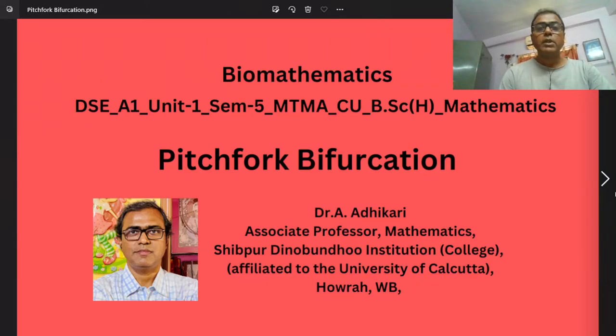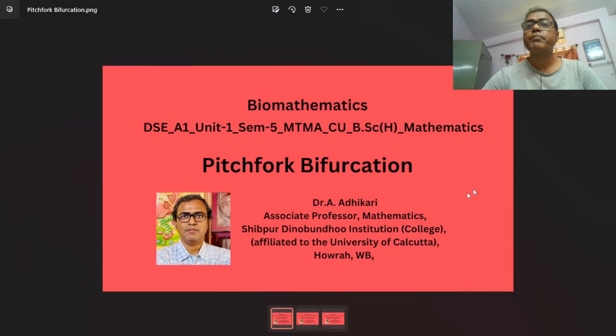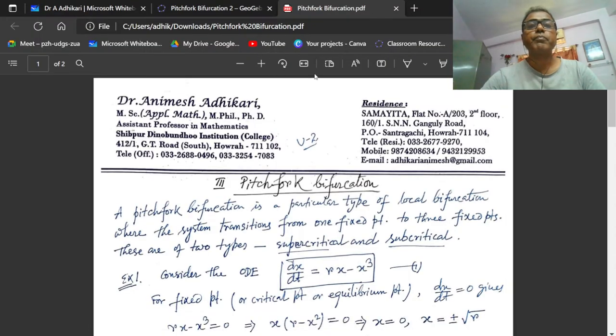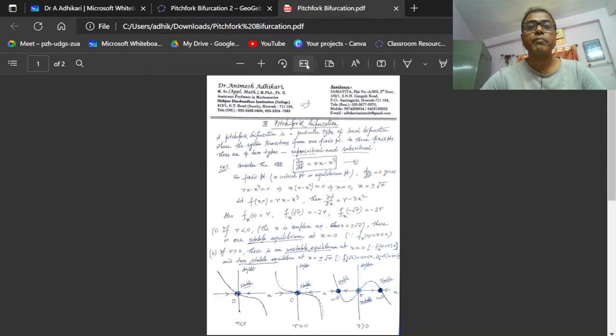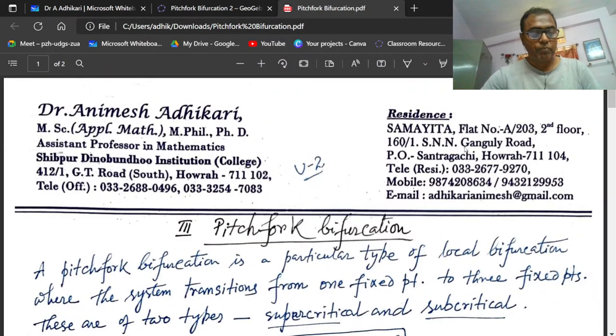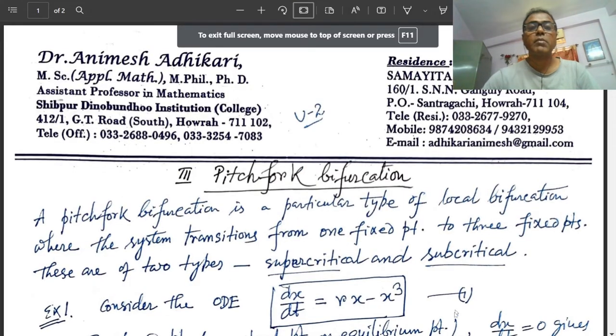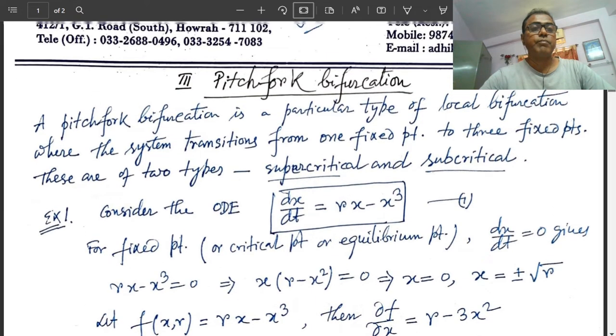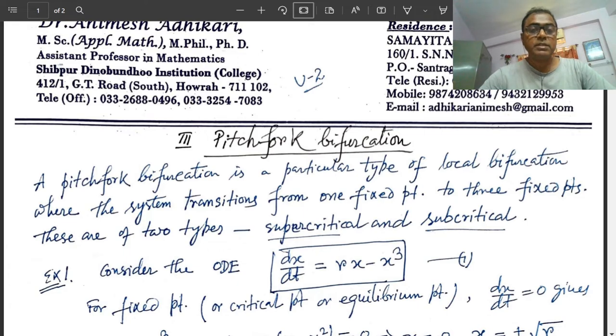Today we discuss pitchfork bifurcation. Pitchfork bifurcation is a particular type of local bifurcation where the system transitions from one fixed point to three fixed points.